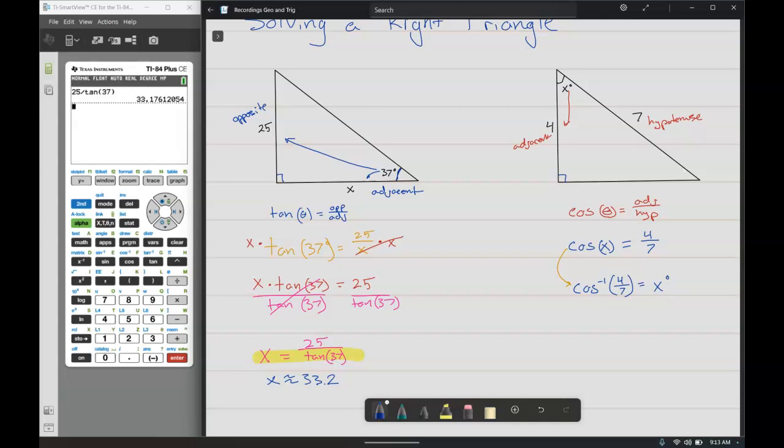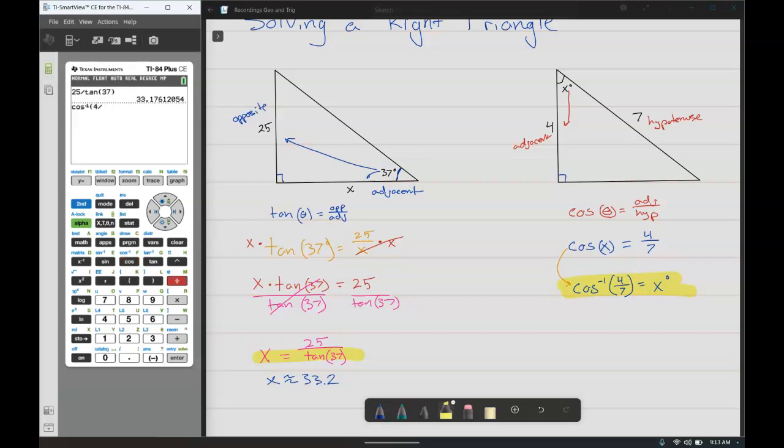Now let's evaluate for the inverse cosine. For our second problem over here on the right, we want to evaluate the inverse cosine of 4/7. Again, we make sure that we're in degrees mode because we want degrees as our angle measurement. Instead of pressing cosine, we're going to press second cosine so that we get the inverse cosine.